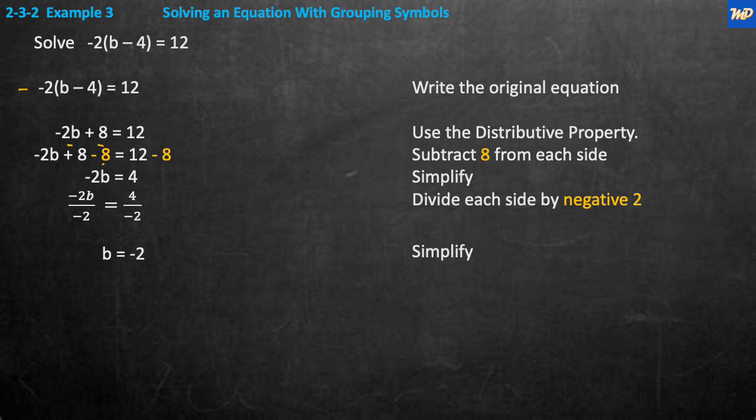Of course, we could have multiplied by the multiplicative inverse, but we're going to say right here the division property of equality. Negative 2 divided by negative 2 is 1, and 1b is equal to 4 divided by negative 2, which is negative 2.